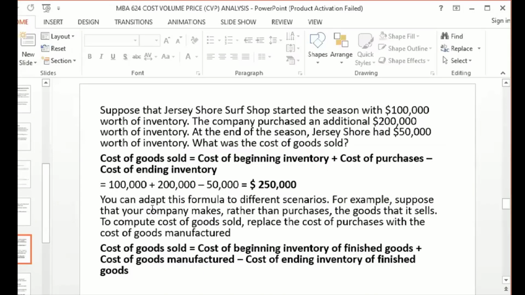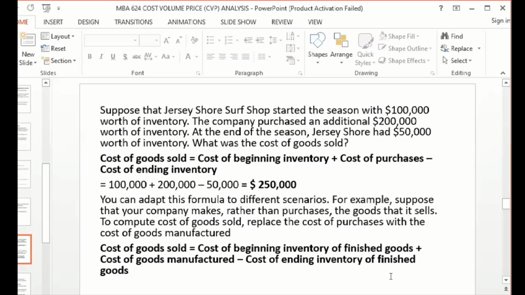So you can adapt this formula to different scenarios. For example, suppose that your company makes rather than purchases the goods that it will sell. To compute cost of goods sold, replace the cost of purchases with the cost of goods manufactured.